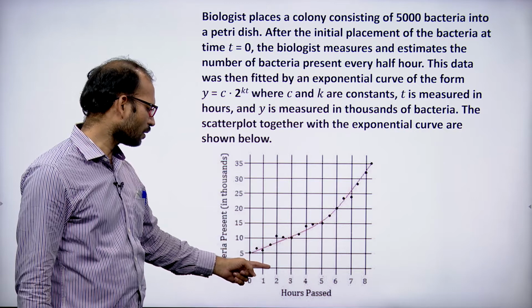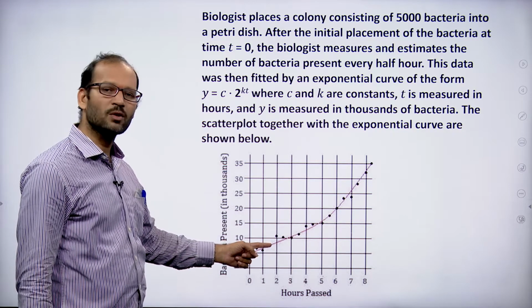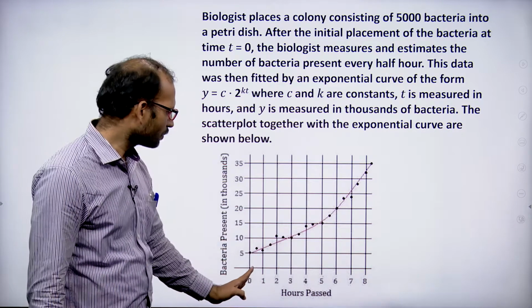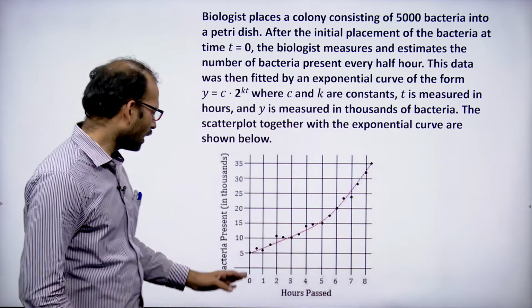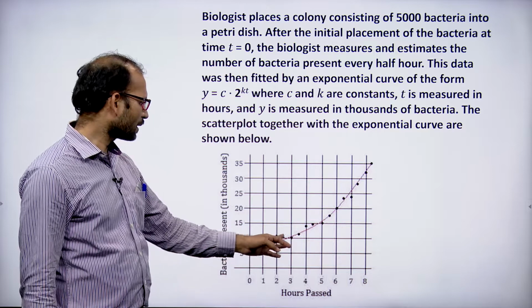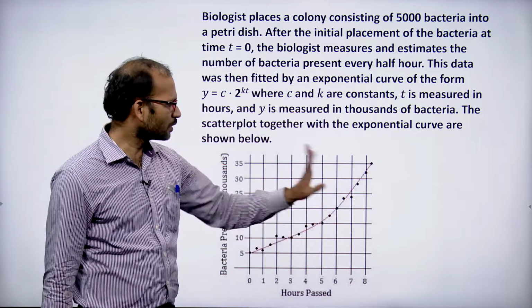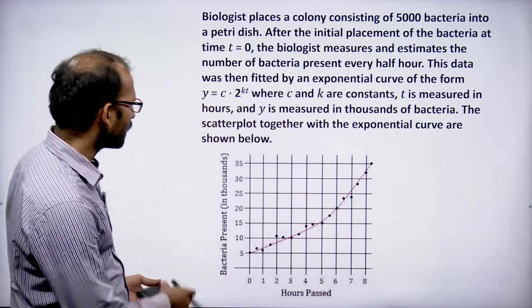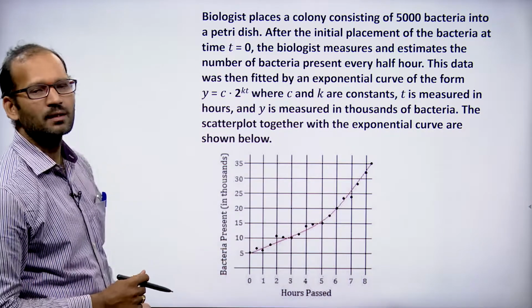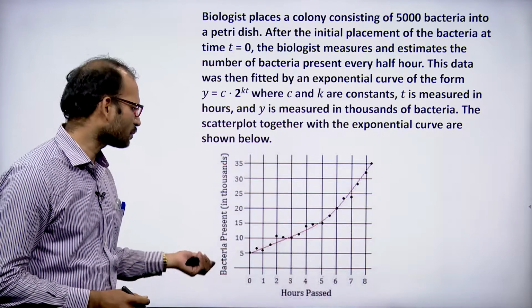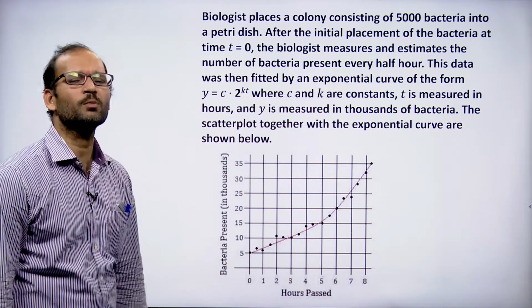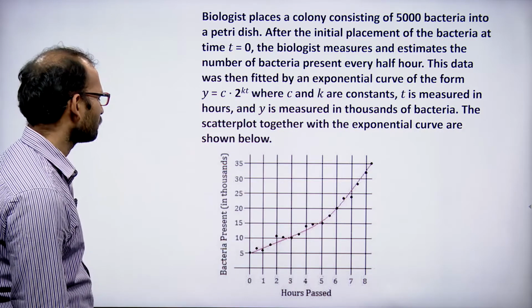After 1.5 hours, nearly 7000, 7500, like that. For every half an hour it is measured, and the corresponding number of bacteria is shown with dots. If we join all these dots, we can see it is like an exponential graph, right? That is what we say, exponential function, given by the curve y equal to c into 2 power kt. That is the equation of the exponential curve.